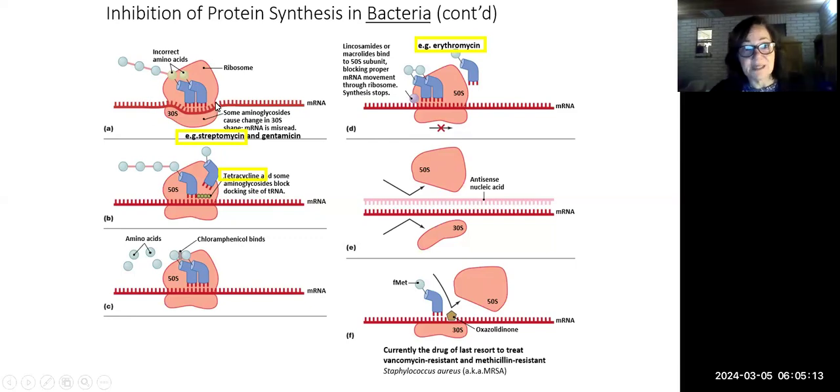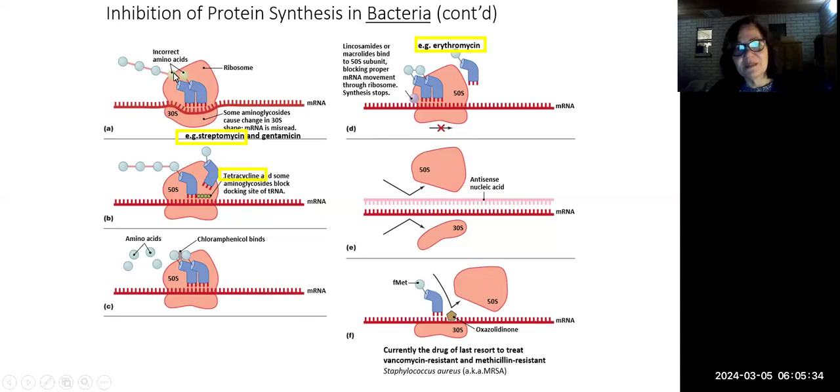Now, what this depends on is matching a codon here on the messenger RNA with the anticodon on the transfer RNA. And if this thing is all wonky, then this matchup isn't going to be the way it's supposed to. In other words, the transfer RNA that comes in and binds here is the wrong one.